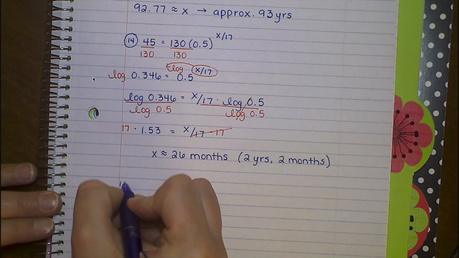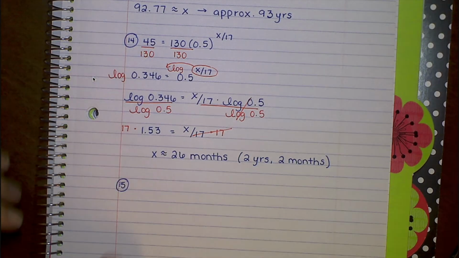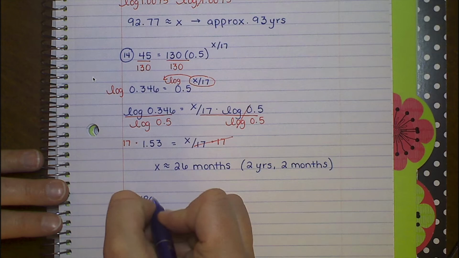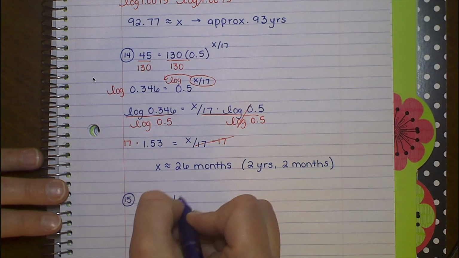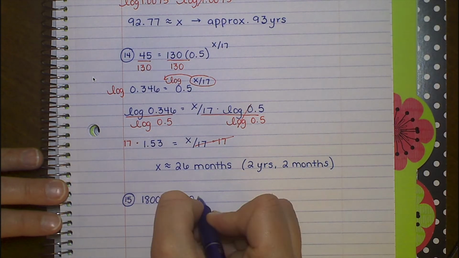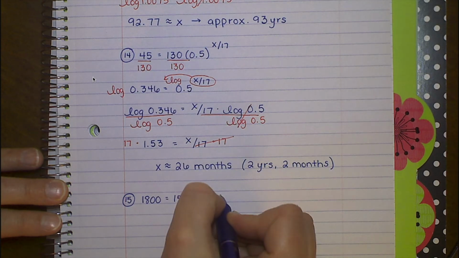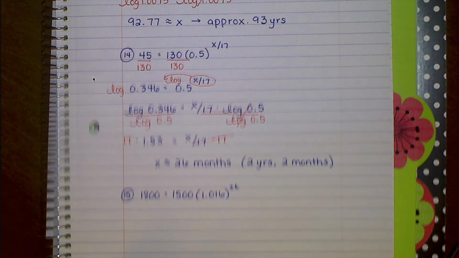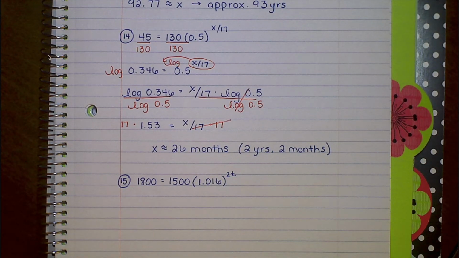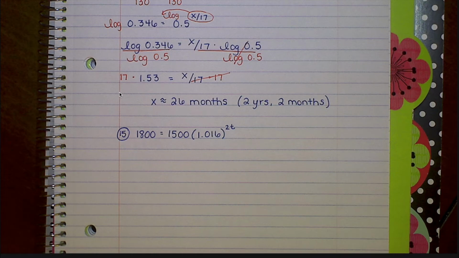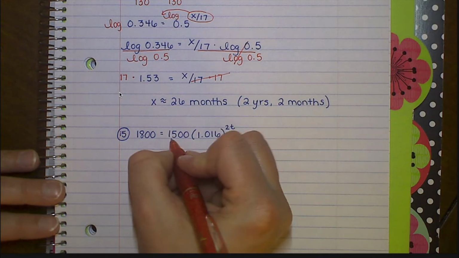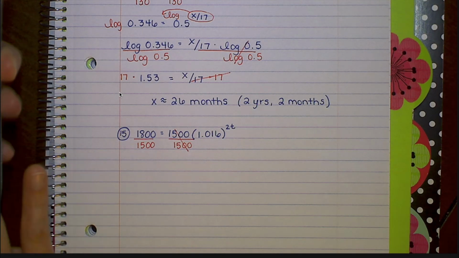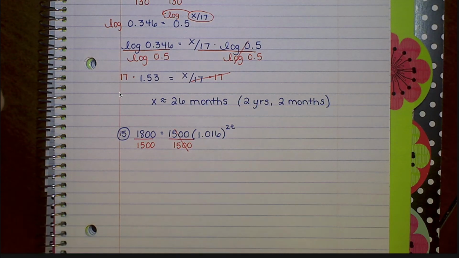So for this, what was my number again? 1,800 equals 1,500 times 1.016 to the power of 2t. And from here, this is going to look like all the other ones that we've done. Okay, so I'm going to start by dividing by that 1,500. So 1,800 divided by 1,500 is 1.2.